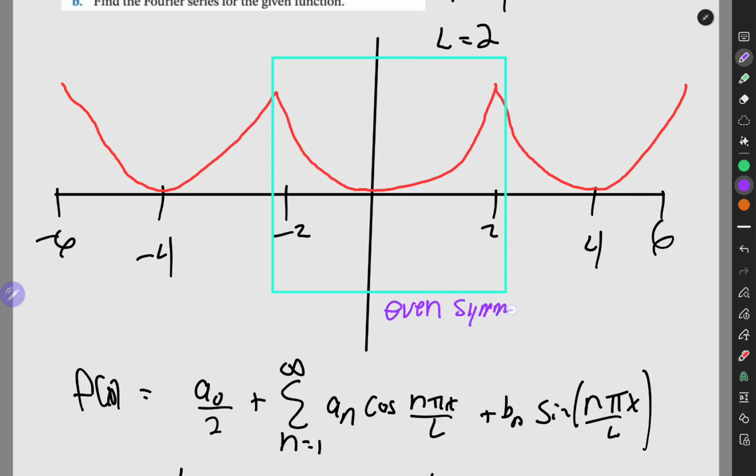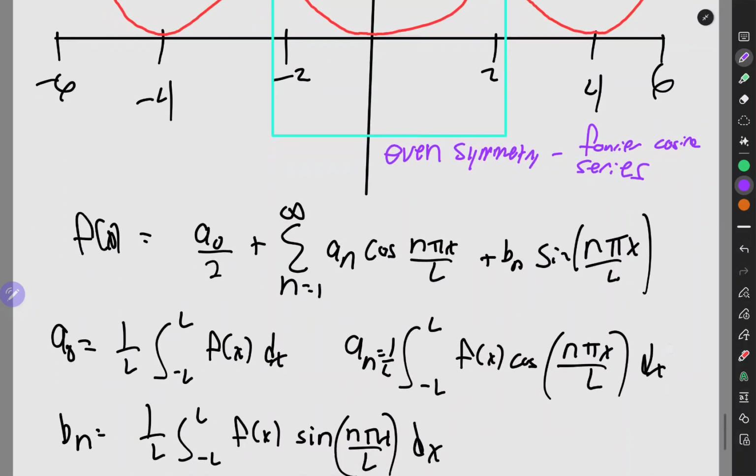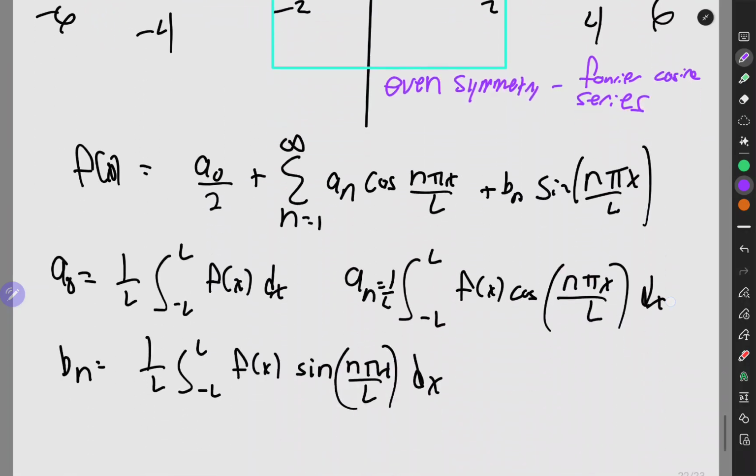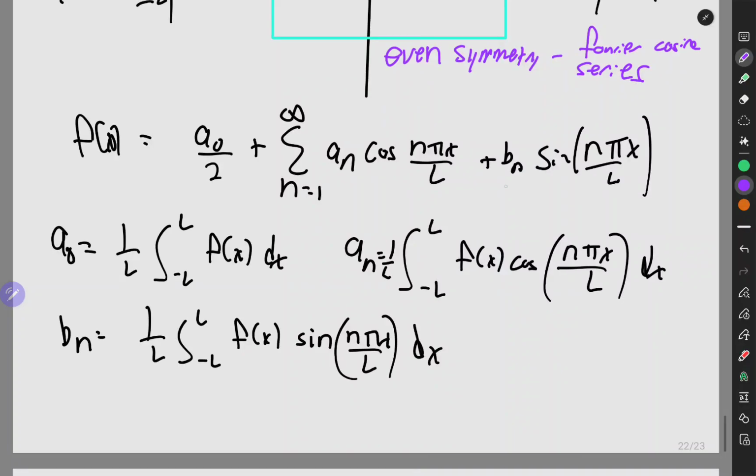Even symmetry. So we have a Fourier cosine series. How do I know this? Well, I can tell you right now, we at least know that b sub n is going to be 0. But let's take a look at all of them real quick.